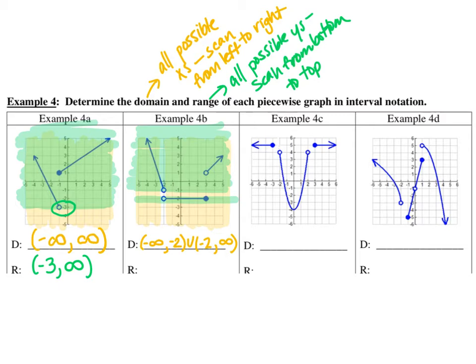So this is another one that has to have a union. So the first y that we're able to use is the -2. And we do a bracket here because of this closed dot. So this closed dot, I guess, has dominance over the open dot here.